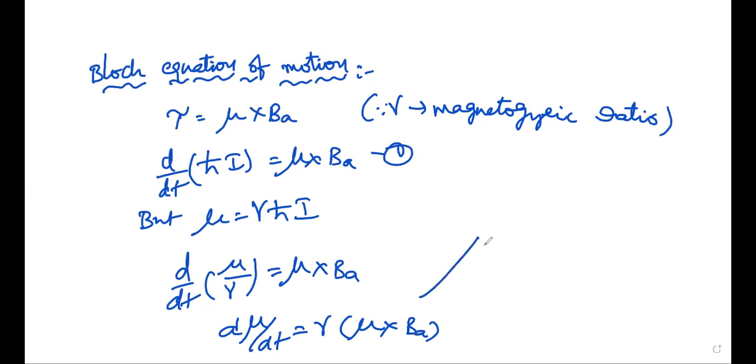So M is equal to the sum of mu i, and dM by dt, the total magnetic moment of these nuclei, is equal to gamma into M cross B. So this is equation 2.